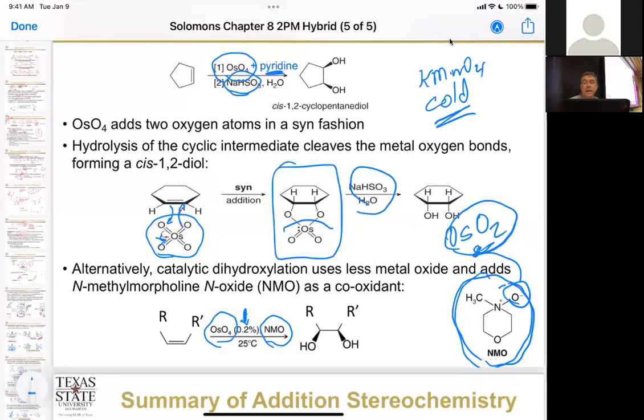It basically goes through the same mechanism, with that same square planar structure, and so it goes through the reaction the same way. But again, it has to be cold. If you don't see cold, it's not going to do this reaction. So that's how we make a cis diol.